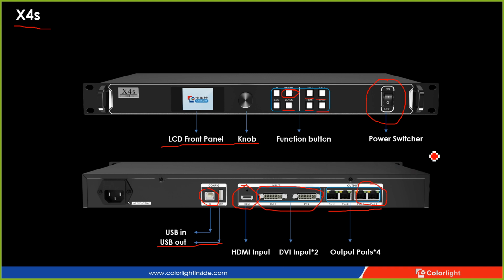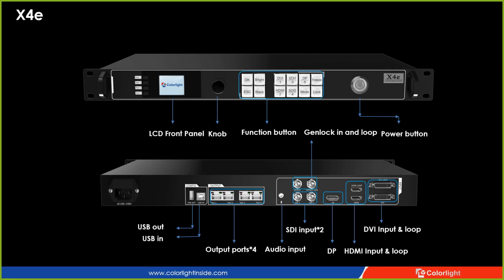Okay, let's look into the X4E. The front side is the same. LCD panel with a knob to change the settings easily. And here are the function buttons. Use the brightness to change the brightness settings, and the black, and the freeze. The freeze is to freeze the picture on the LED screen.